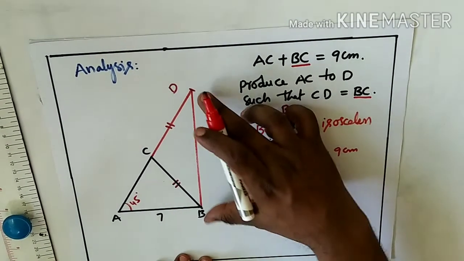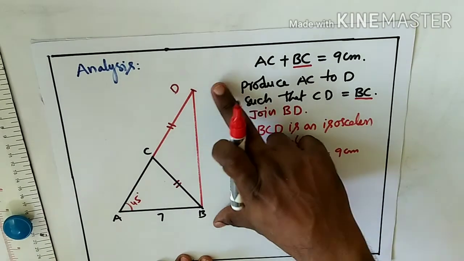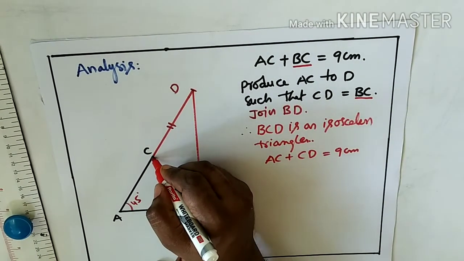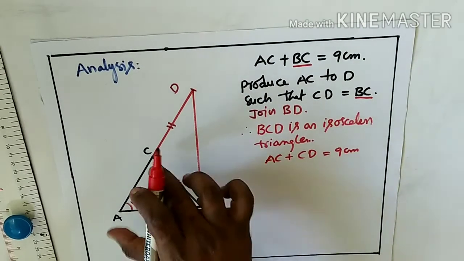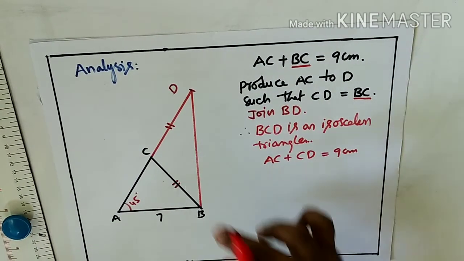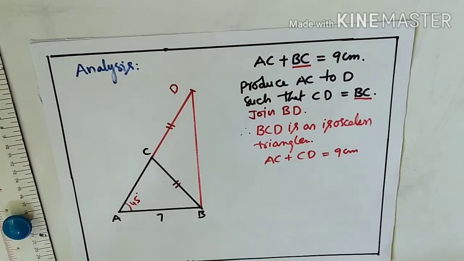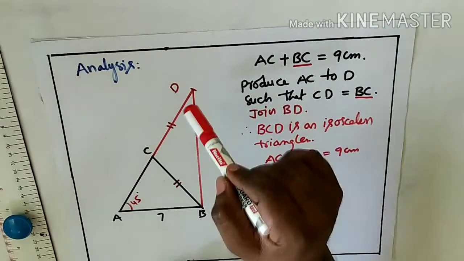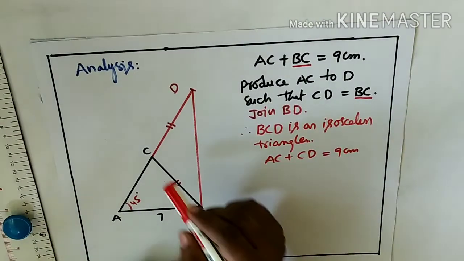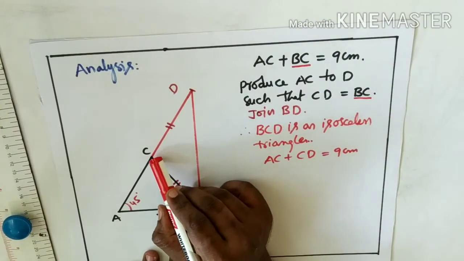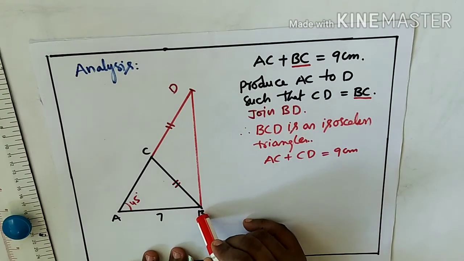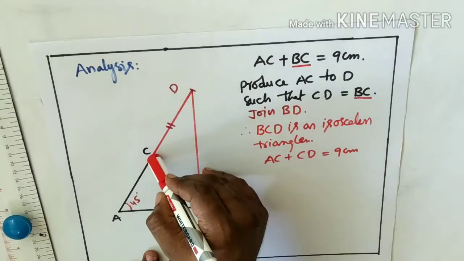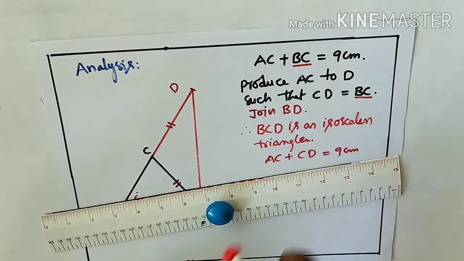Now, why do we construct a perpendicular bisector of BD? So that C is located on AD such that AC is equal to BC, that is, BC is equal to CD. Why? Because it's an isosceles triangle. The perpendicular bisector of the base passes through the vertex of the triangle.